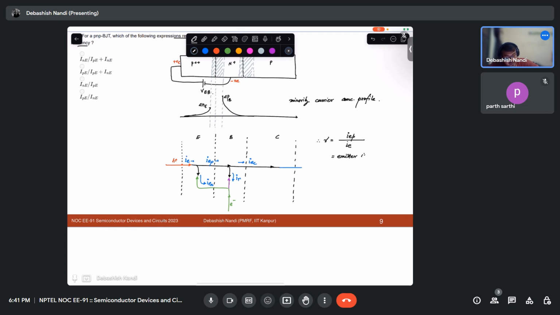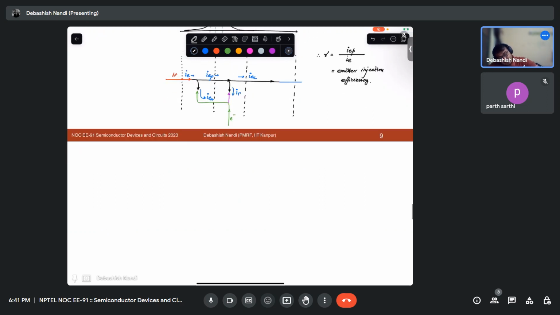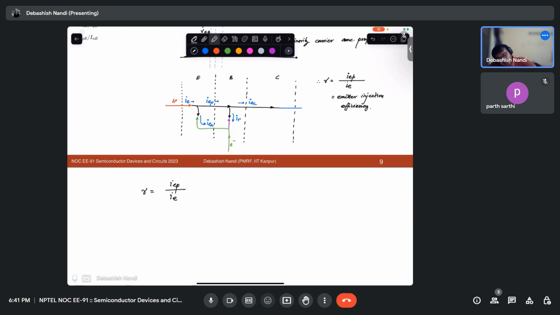Your gamma will be IEP over IE, and if you apply your KCL at this node, you will find IE is nothing but IEP plus IEN.